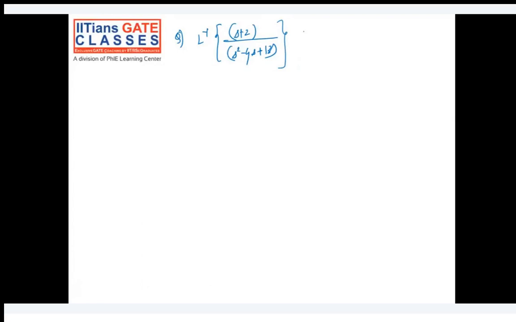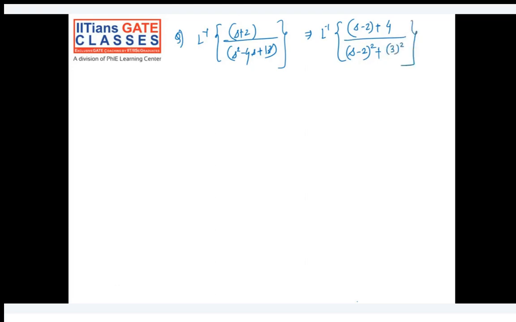For example, if I write the numerator as s minus 2 plus 4, and the denominator as s minus 2 whole square plus 9, or let's say 3 square. Can we write it like this?